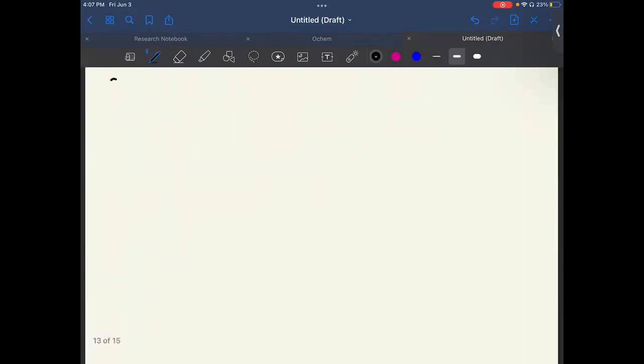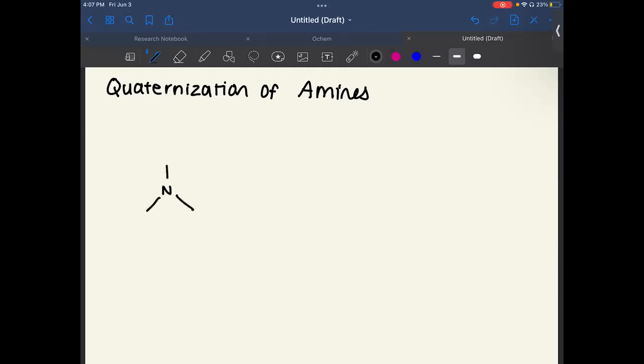One reaction that we can go over with amines is the quaternization of amines. I'm just going to go over the basics with this one again. So it's going to be nitrogen like that, plus R and halogen.